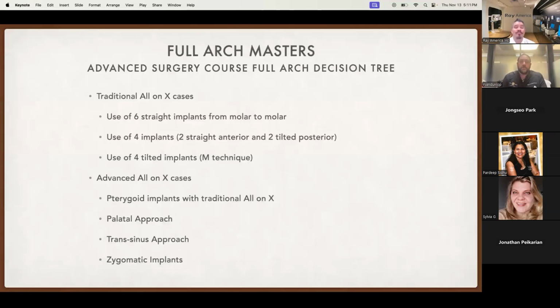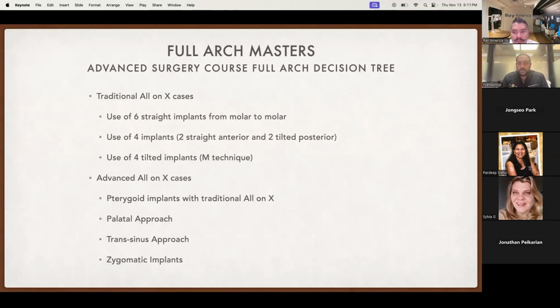At our courses, we teach the difference between traditional all-on-X cases, which are standard all-on-four and all-on-six cases, versus our advanced all-on-X cases. What's the difference? I classify them into two categories. The traditional all-on-X cases use 4 to 6 implants with really good support from molar to molar, so first molar to first molar.